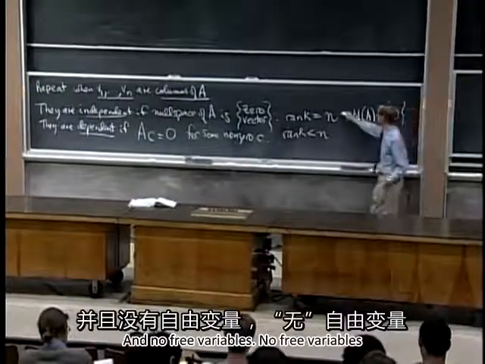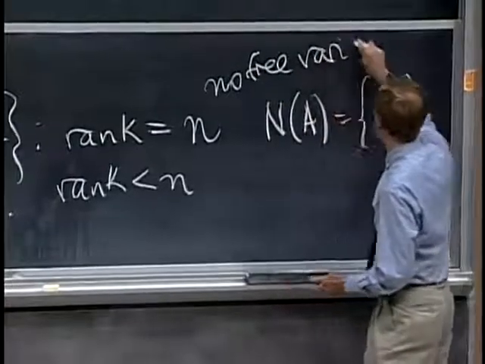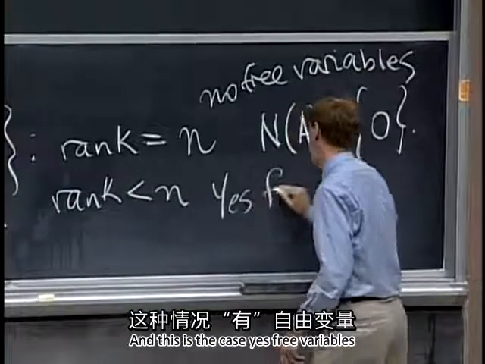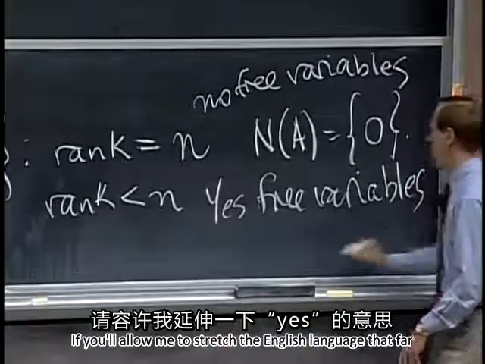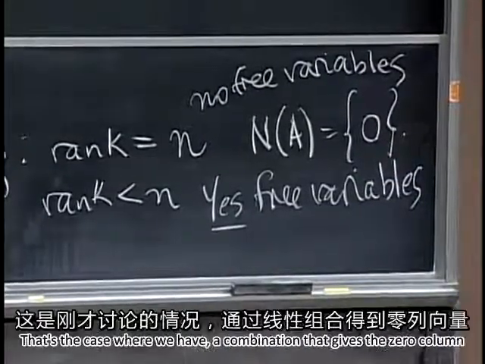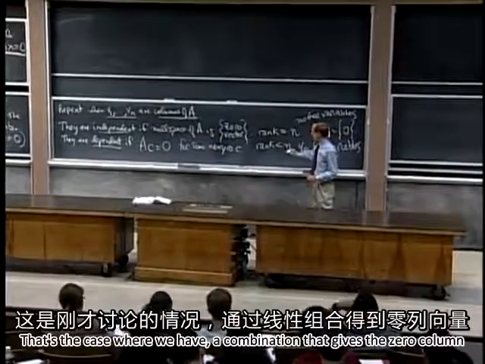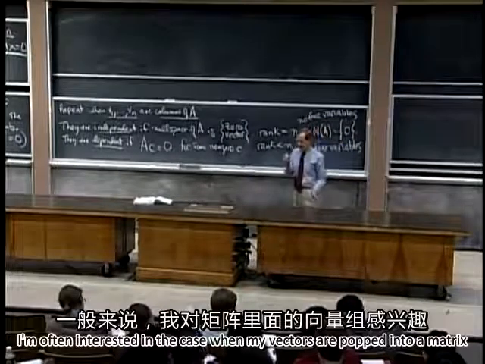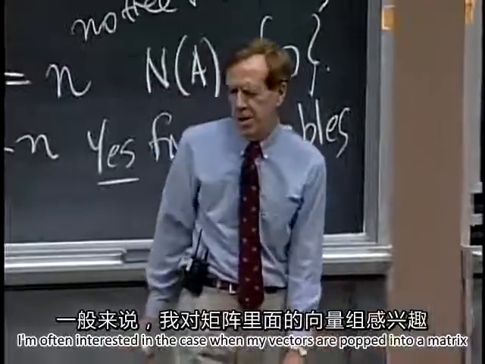And no free variables. And this is the case, yes, free variables. If you'll allow me to stretch the English language that far. That's the case where we have a combination that gives the 0 column. So I'm often interested in the case when my vectors are popped into a matrix.